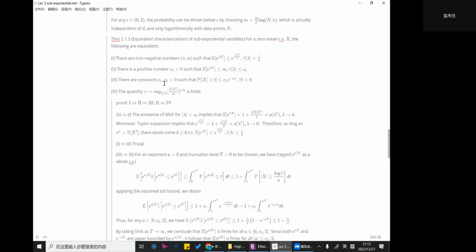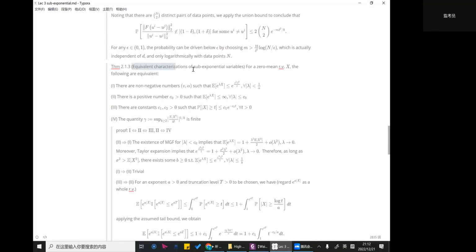So when we are talking about the equivalent characterizations of sub-exponential variables here, there are also 4 equivalent conditions. The first one is the definition. The second one says that there exists a positive number lambda so that the expectation of exponential lambda x is finite. So this is an interesting characterization of sub-exponential.